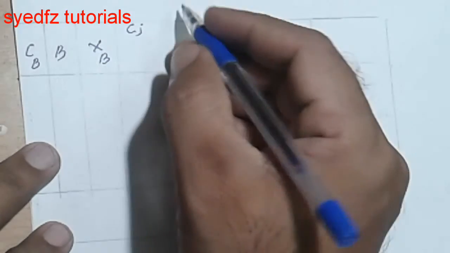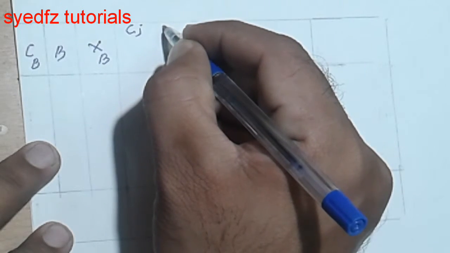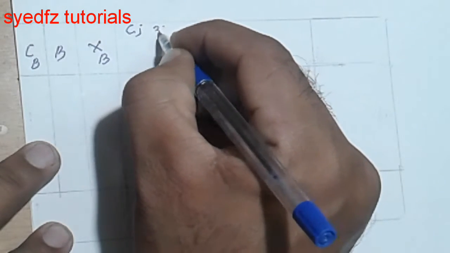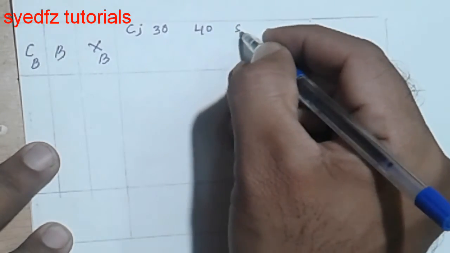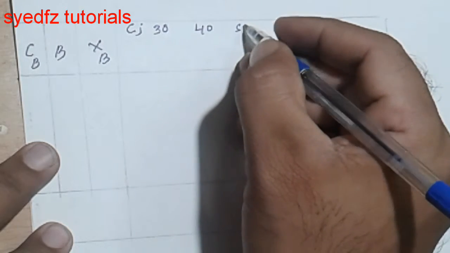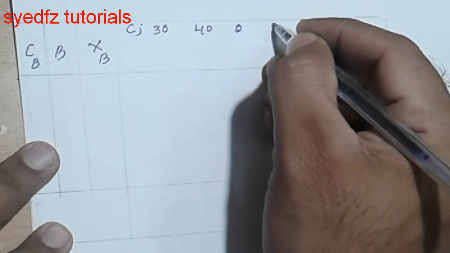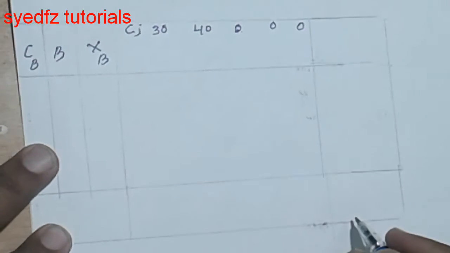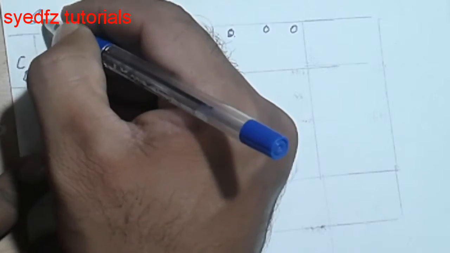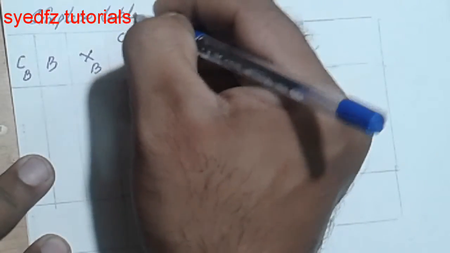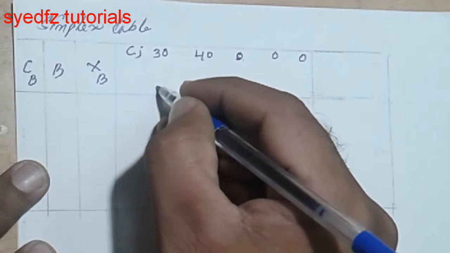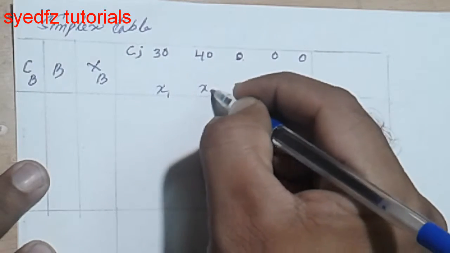Take the same thing here: 30, 40, S1 0, S2 0 and S3 also 0. Okay, this is a simplex table. Now this one is x1, this one is x2.